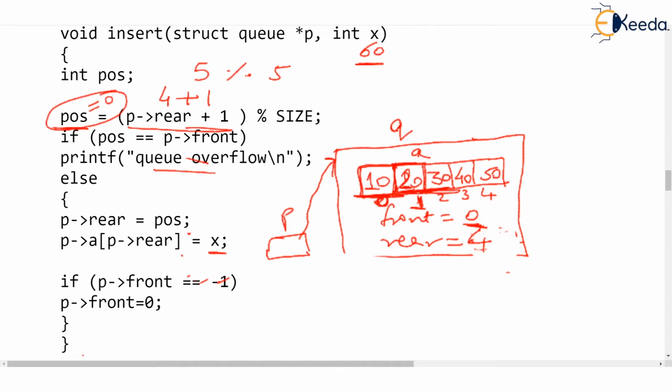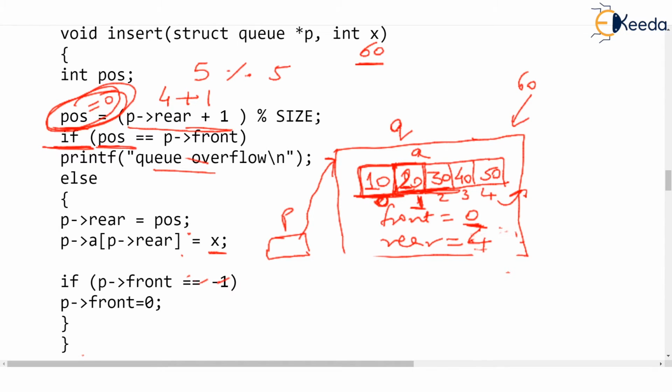Now what my program is saying is you want to insert 60, okay? But 60 can't go after the fourth place. So try to insert 60 at place 0. Look at the position of insertion, it is 0. So we are trying to insert 60 at place 0, but before that we are going to check the if.